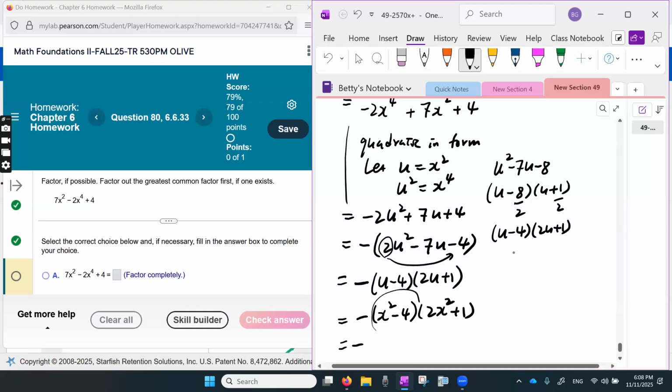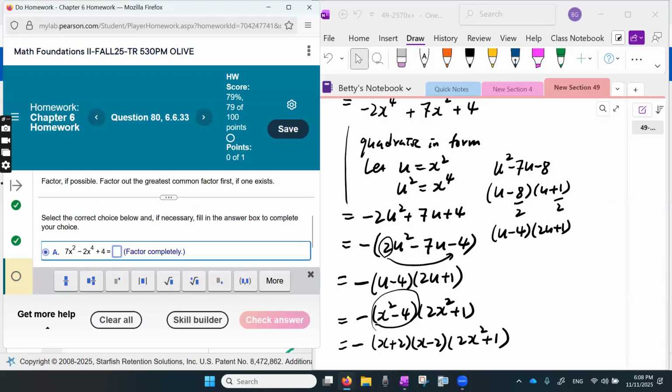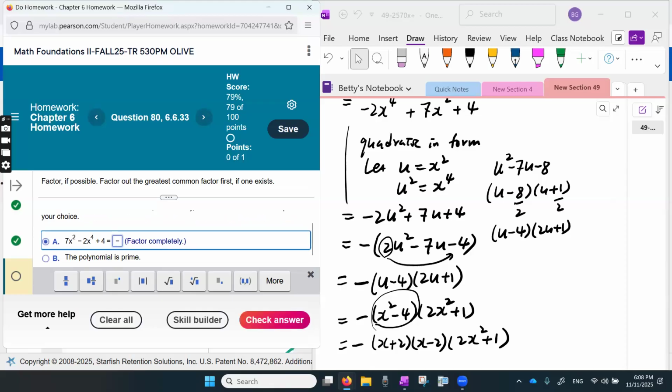This is a very challenging problem. It's just one problem, okay? You don't have to get 100% to get an A. X squared minus 4 can be factored as x plus 2 times x minus 2. So this is a pretty complicated factorization. To completely factor it, the result is going to be negative times x plus 2.